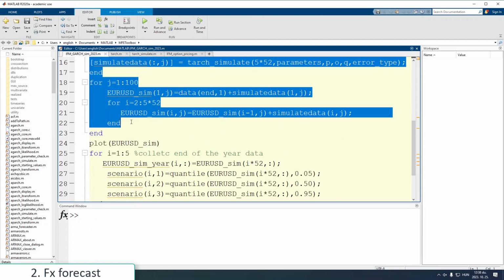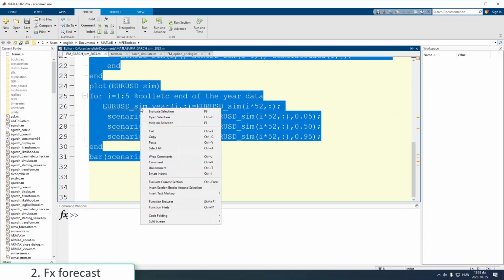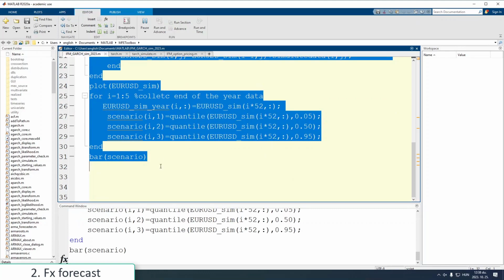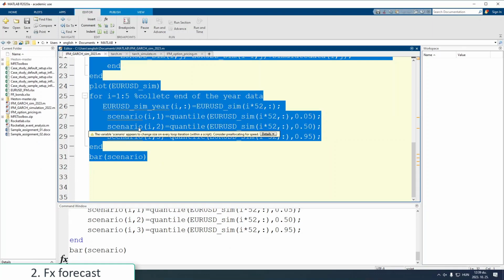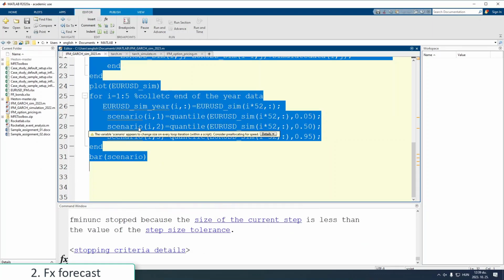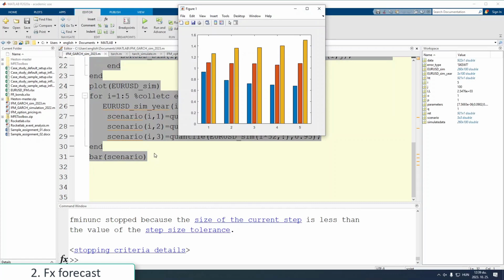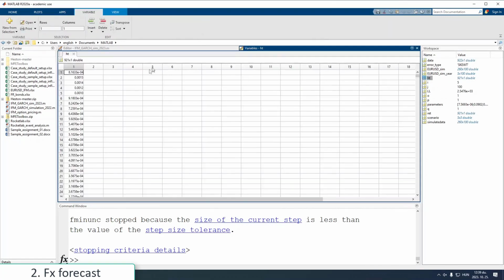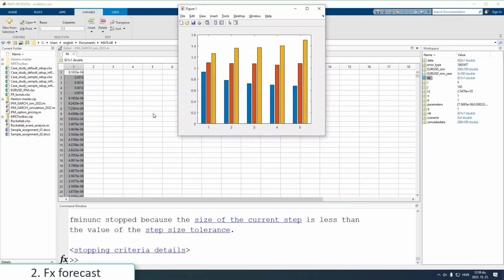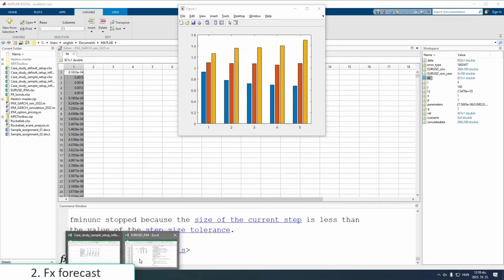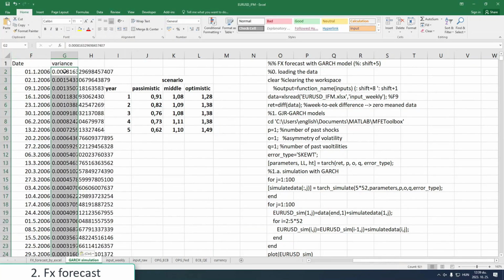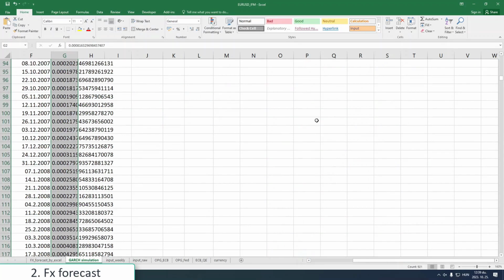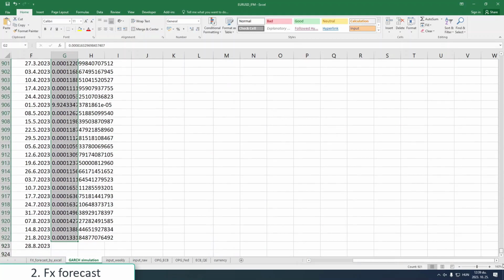Luckily that's why we have MATLAB here, because if we need something then we can redo the whole simulation again, and we can have the HT, which is this number, because I forgot to copy it here a long time ago.